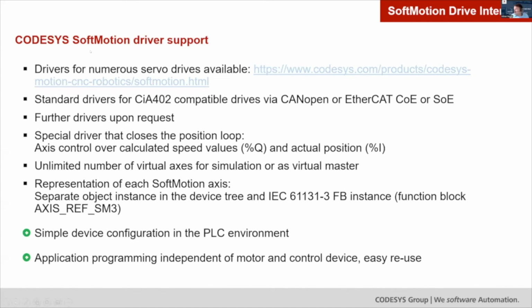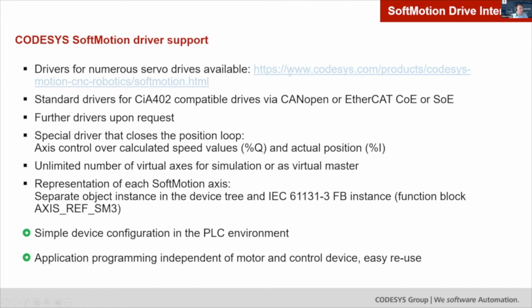You have seen in our example, we use this virtual drive, but I showed you also that we typically use real servo drive hardware, like with EtherCAT or CANopen. And you surely can imagine that some action has to be executed to fill this axis ref interface and to implement drivers that really control this axis.